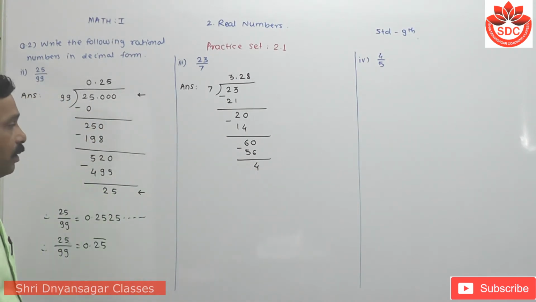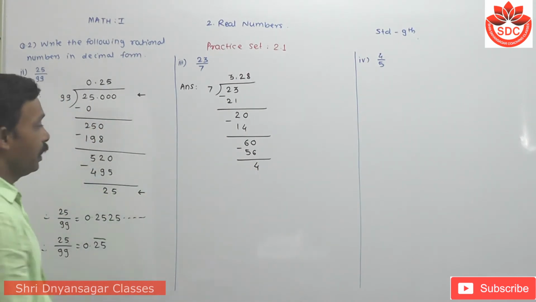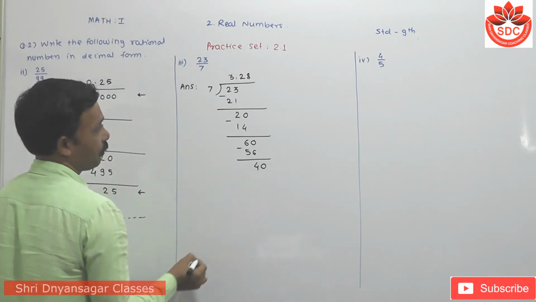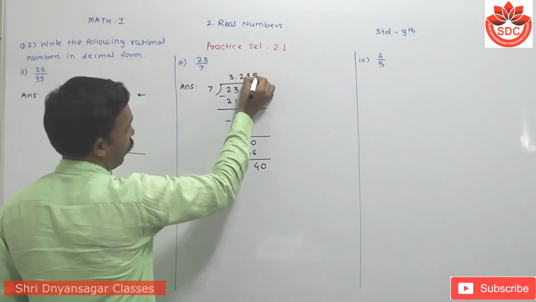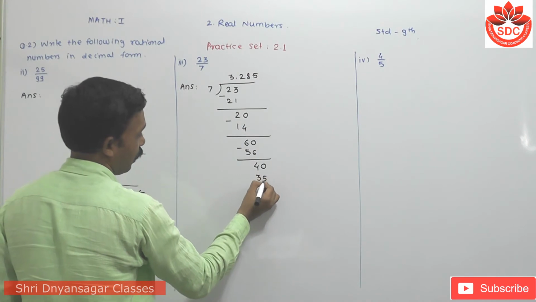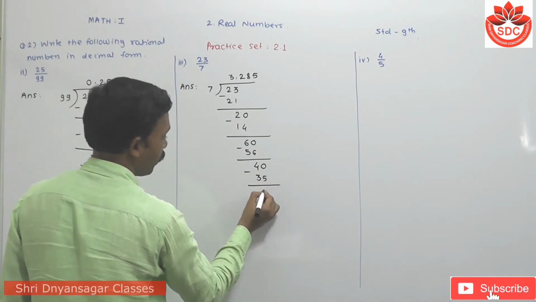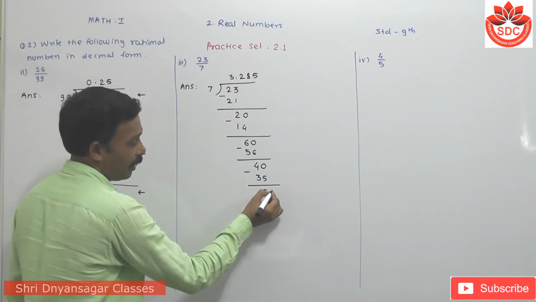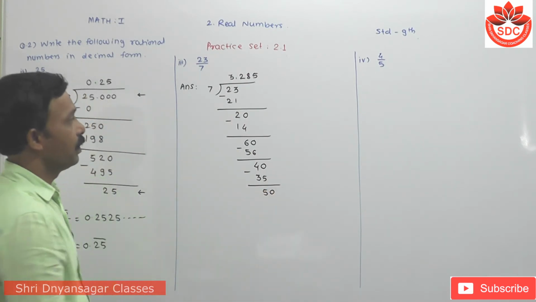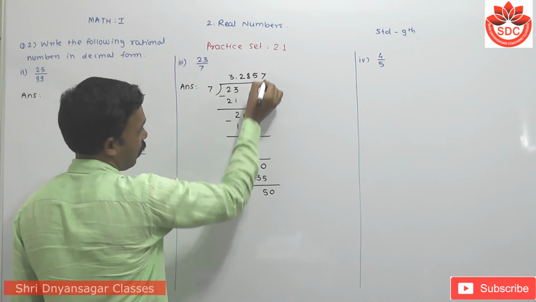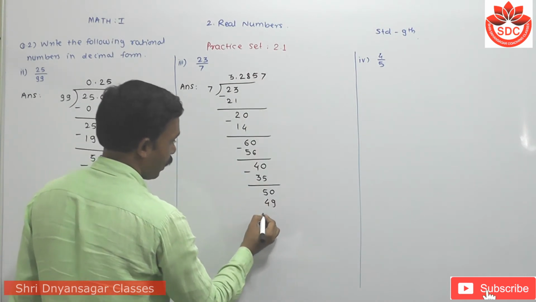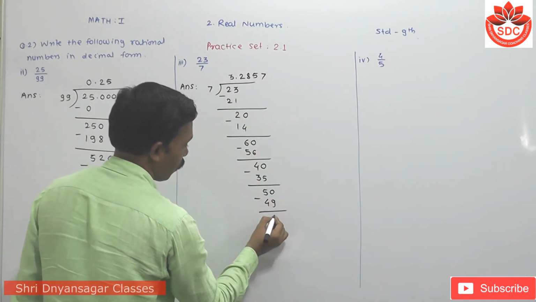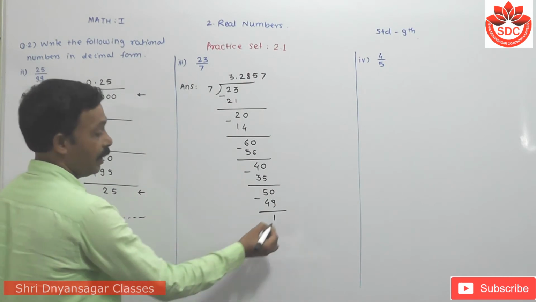Then it becomes again 40. 7 fives are 35. When we subtract, it becomes how much? 5. Then again take 0. 7 sevens are 49. Then it becomes 1. Again take 0.